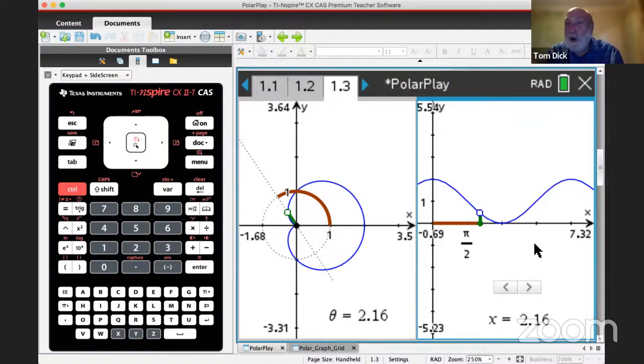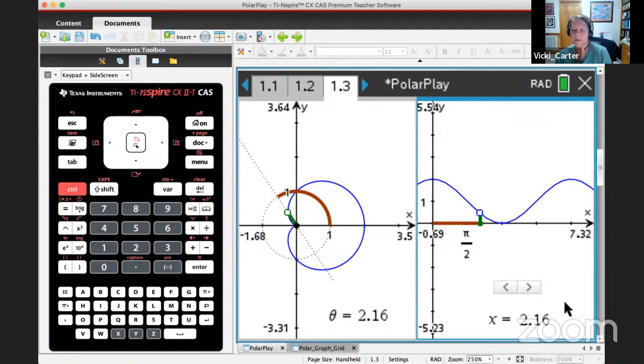Vicki, I don't know if you wanted to, because I know you used this file in a recent webinar you did. If there's anything you wanted to point out. Yes. No, I mean, the connection I think is so important, and I know some teachers, instead of starting with trying to sketch the polar graph first, sketch the rectangular graph, and then the features of that rectangular graph help the students form the polar graph.